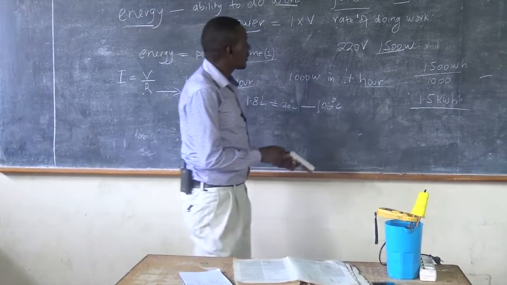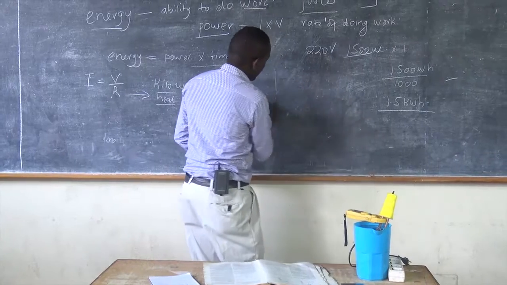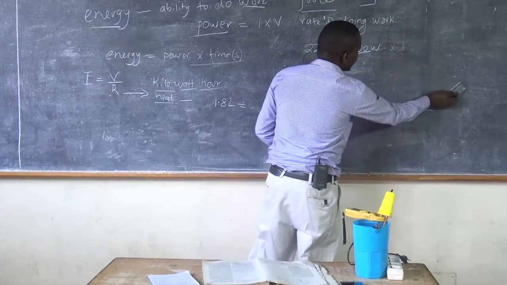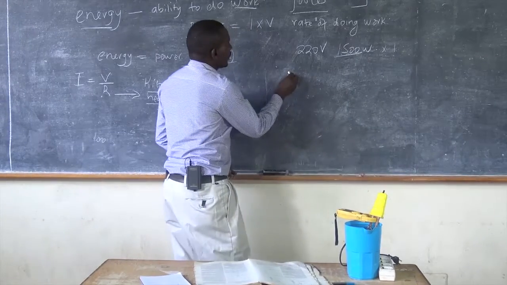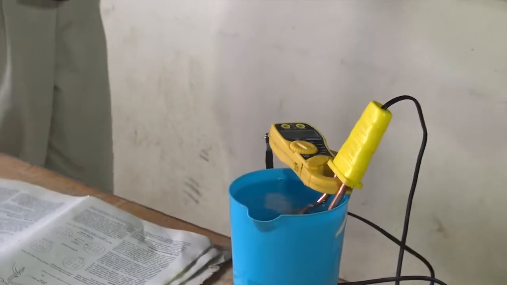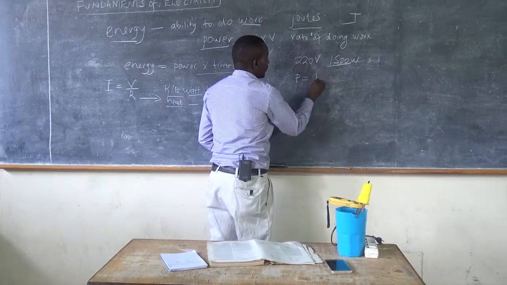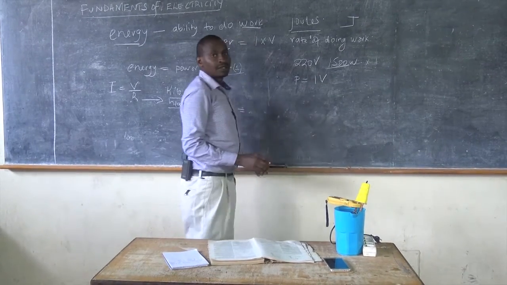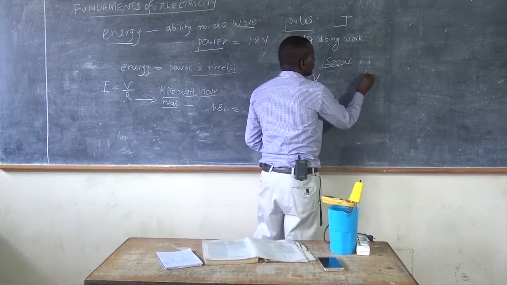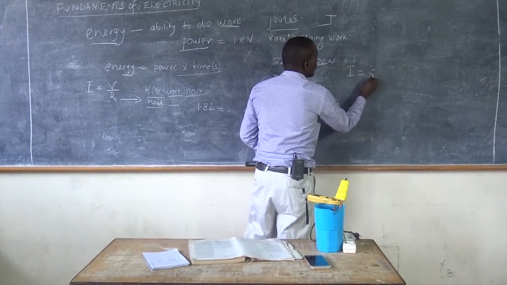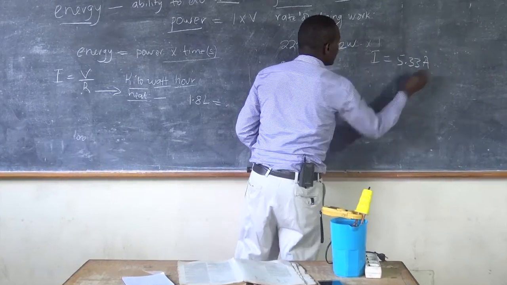So when we come and try to assess the amount of energy that has been used, you see that power is equal to V times I, of which from our measurement we're able to take the measurement for I, and you get 5.33 amperes.